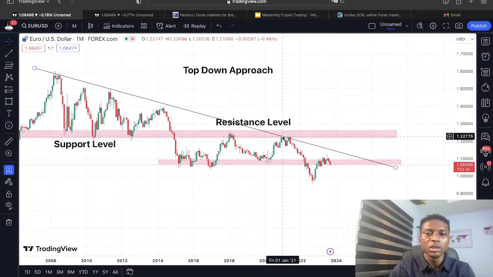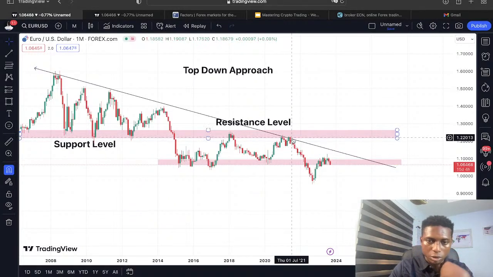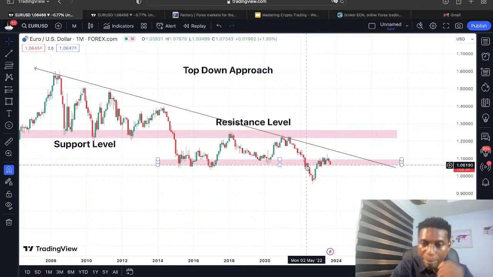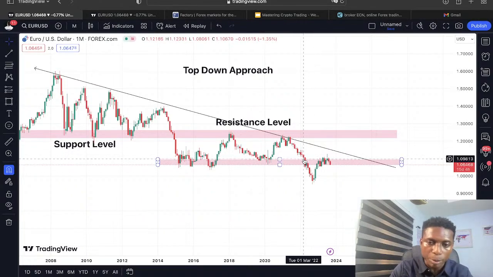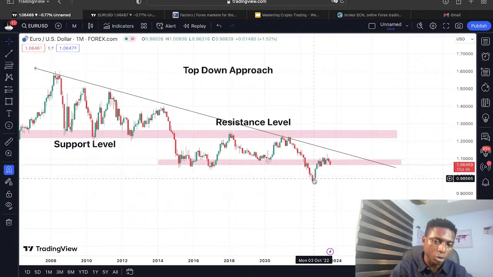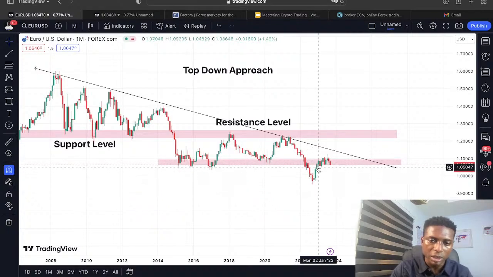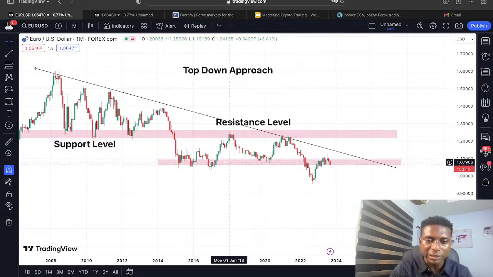Of course, the resistance zone became resistance to price movement, and then there was a fall in price. But when price came down to the support zone, what do we see price do here? Price finally broke out of the support zone. And of course, after a breakout, we witnessed a retest back into the support turned resistance zone.